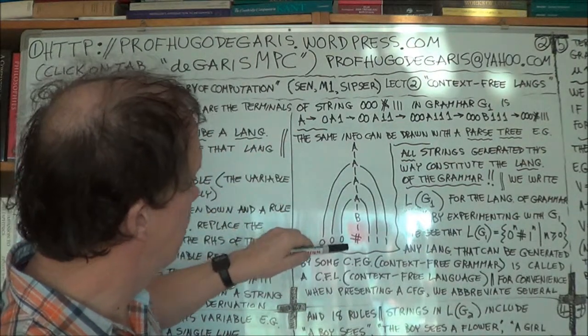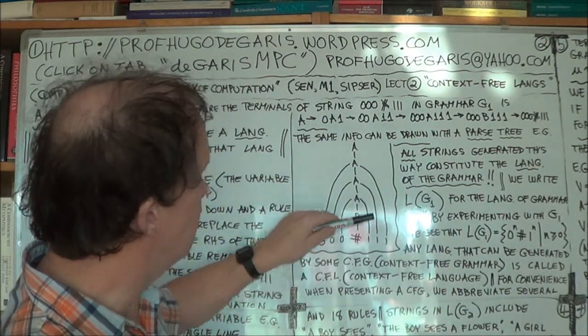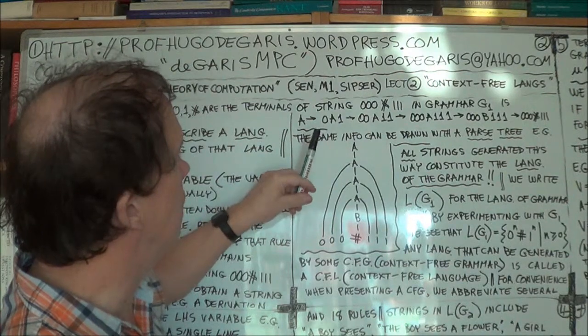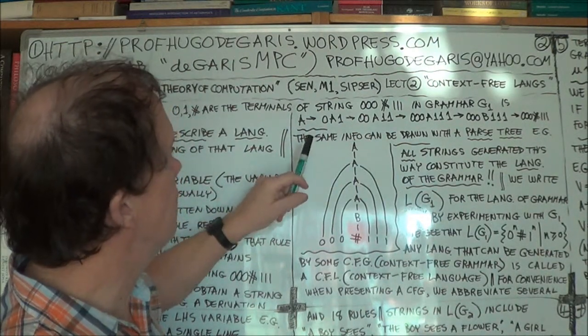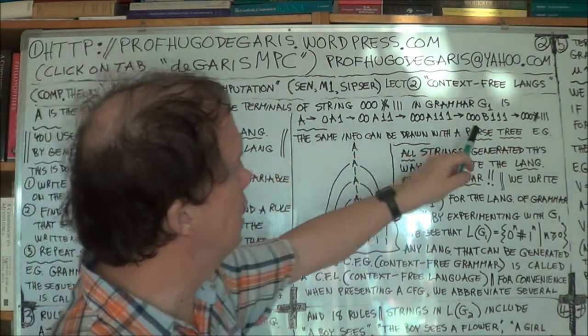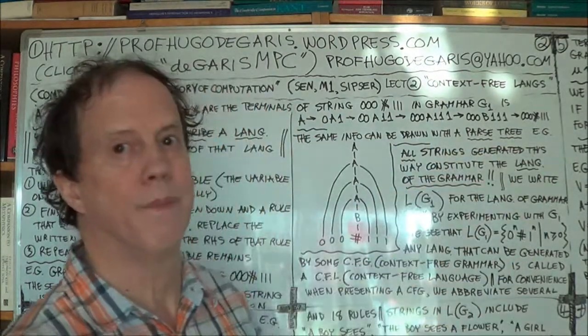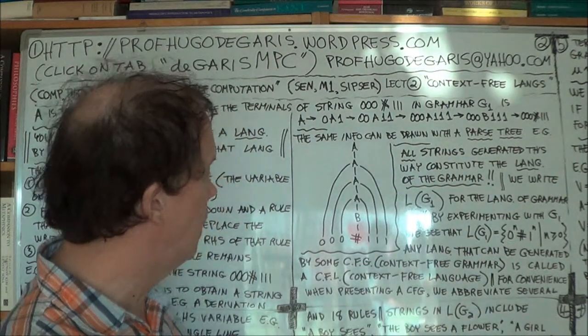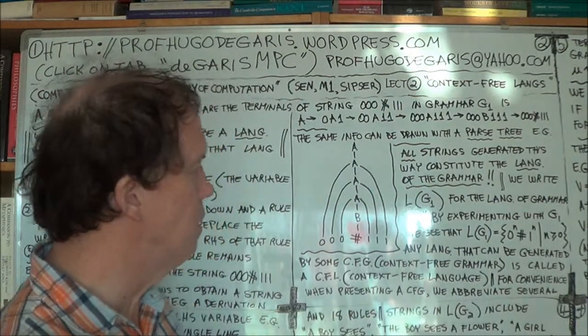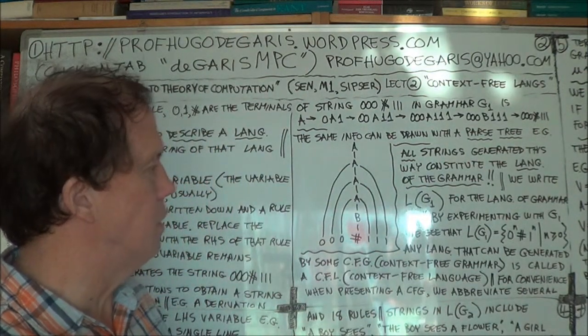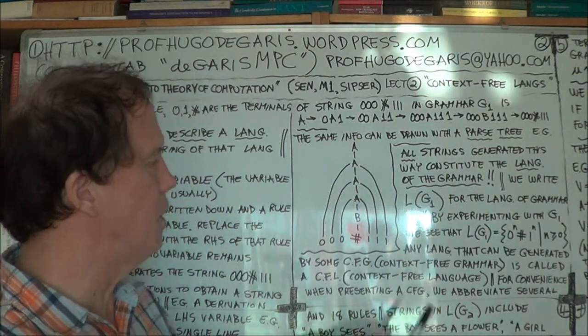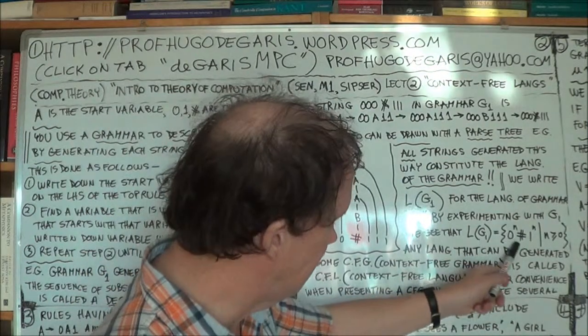So how would you derive that? You wouldn't have any of these zeros or ones. So what would the derivation be? I guess it would be A goes directly to B, and then B goes to hash. Okay? So that's a description of your language. The language L of G1 is this. Right?